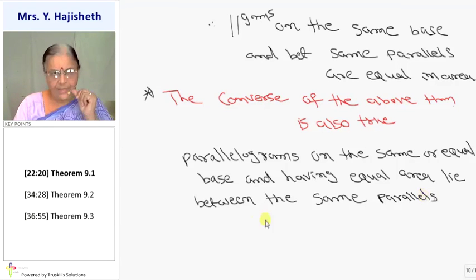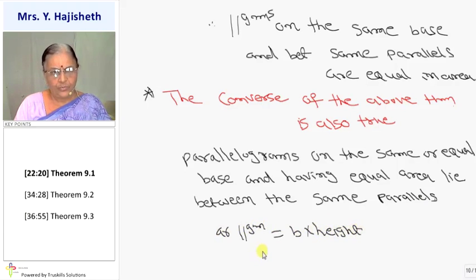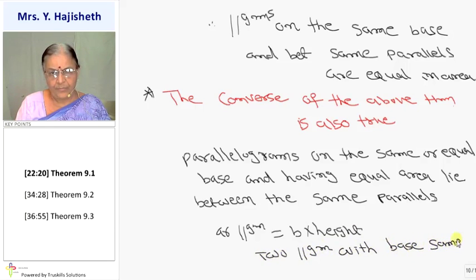We can prove it by argument, because we know the area of a parallelogram. Tell me. It's base into height. Okay. So suppose two parallelograms with the same base and the area is also the same.